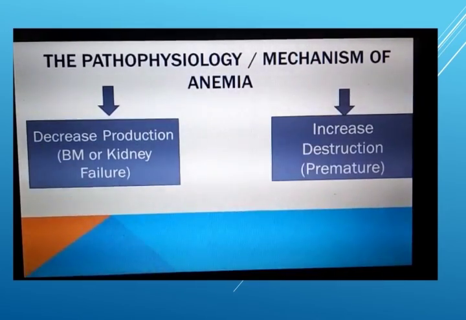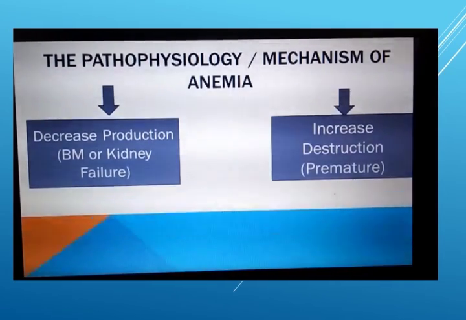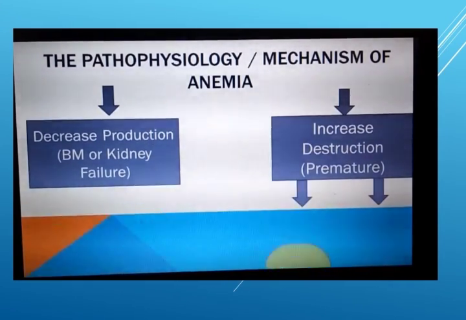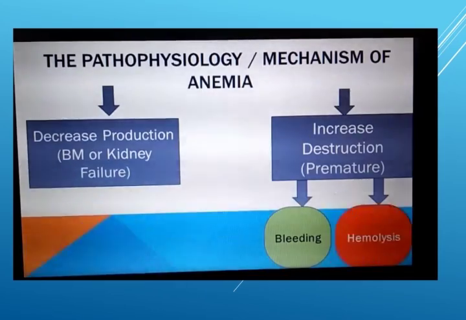If a patient has an increased destruction of red blood cells, it means the red blood cells that were produced are premature, leading to bleeding and hemolysis.